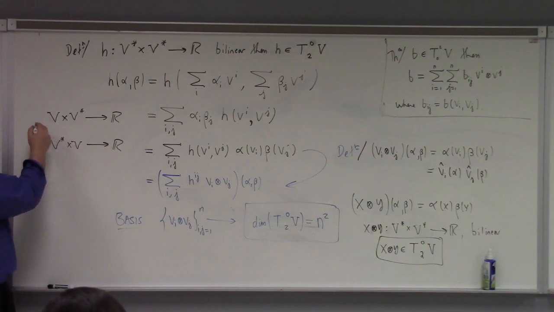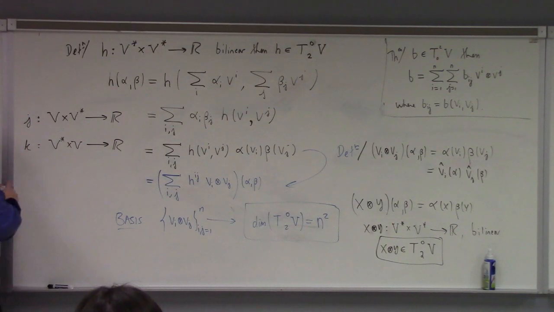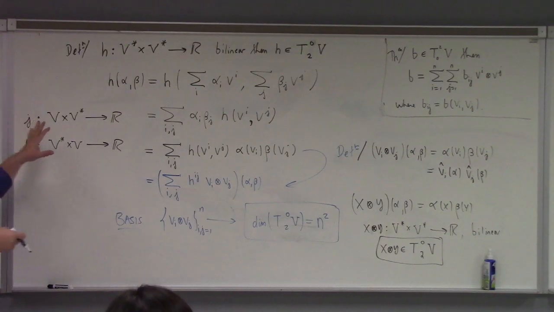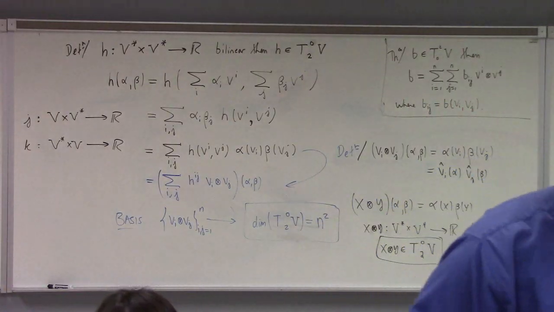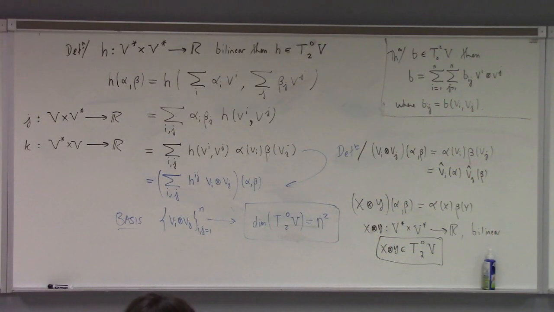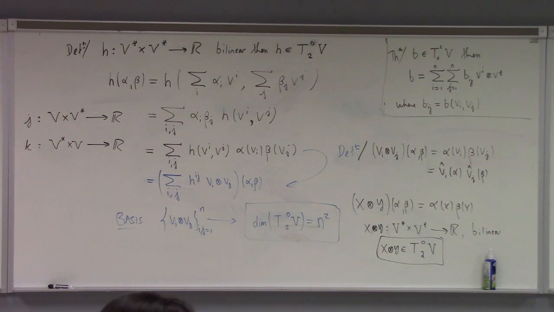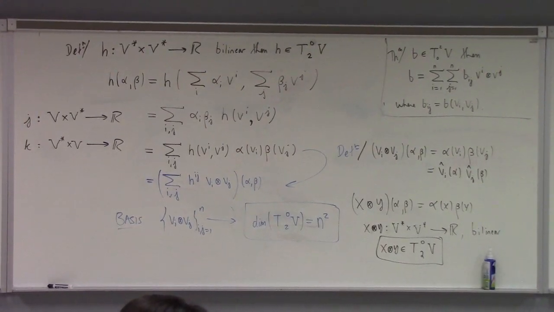So for the sake of discussion, let me call this one J and I'll call this one K. So I talk about those kinds of bilinear maps in the notes as well. And of course, you could use a mix of the dual basis and the basis to build those kinds of bilinear maps.